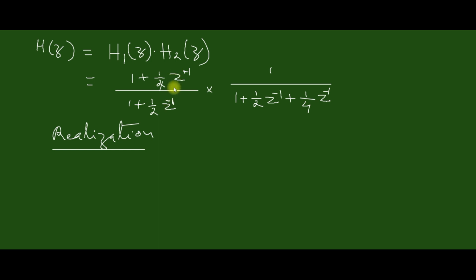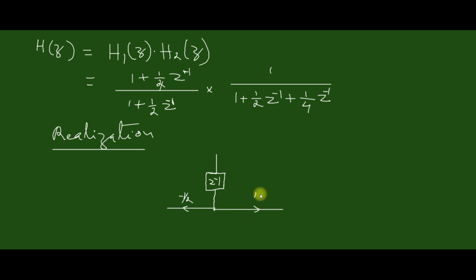Now we can realize H1 using the first order direct form 2 structure. Here we have one delay, then the A0 coefficient as minus half, then we have the B coefficient as 1 by 4.